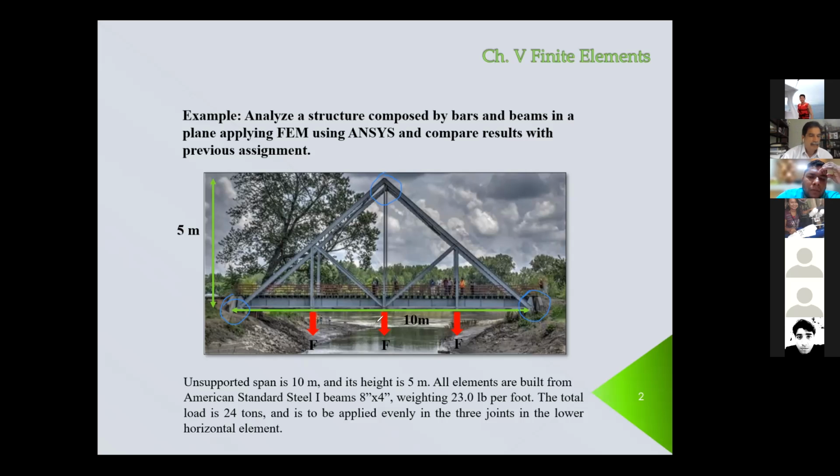Yes, what I'm asking is, what is ANSYS taking in that joint in all the other joints? If you are not specifying any support, then ANSYS will assume that it is free to move in any direction. Exactly. If you know the support of one joint, then you have to specify it.